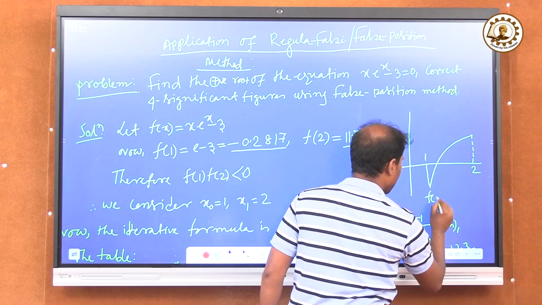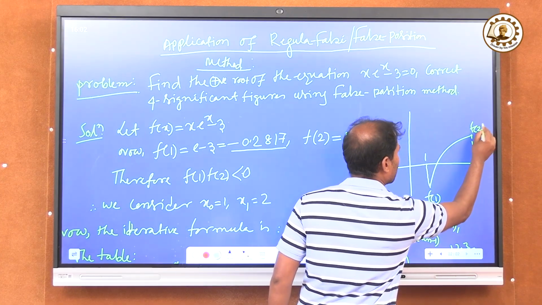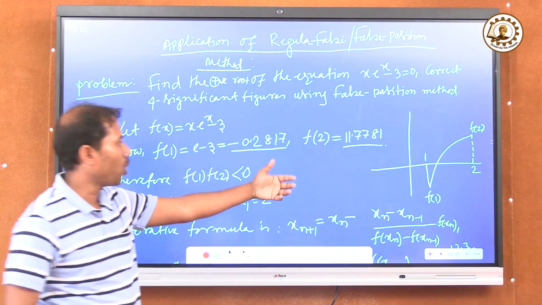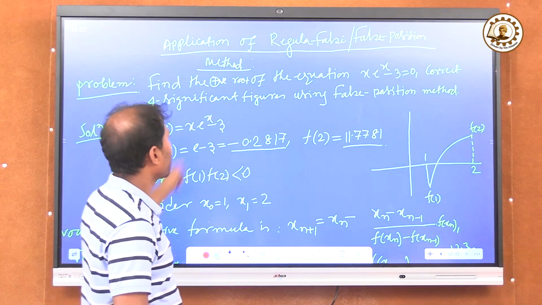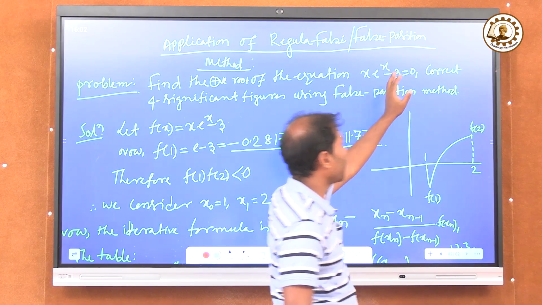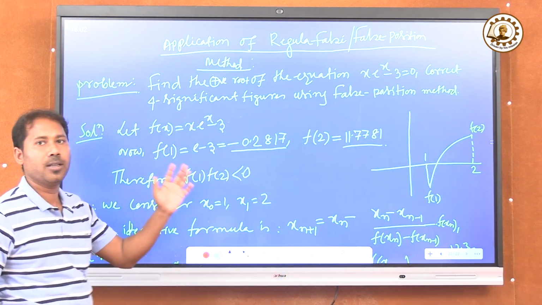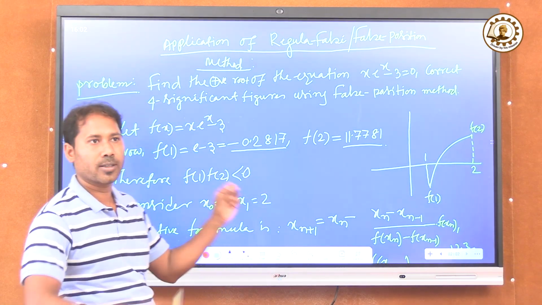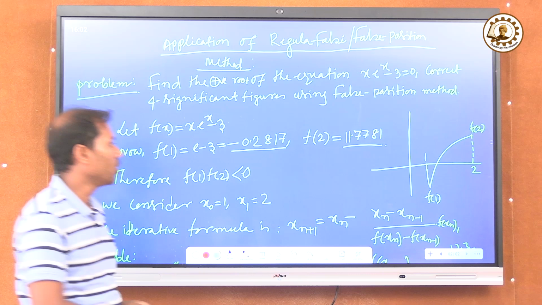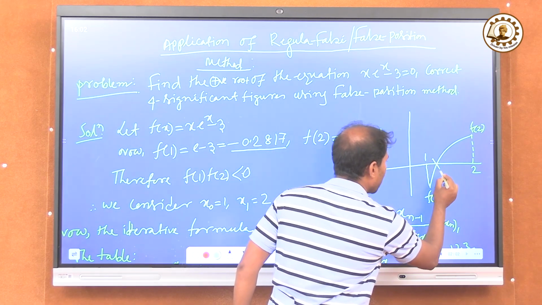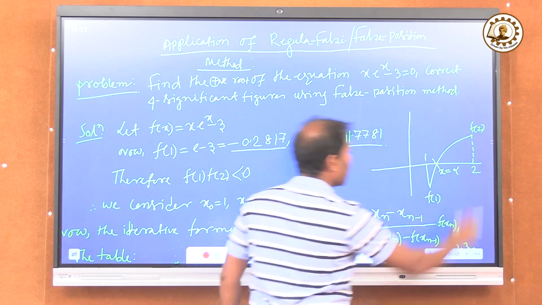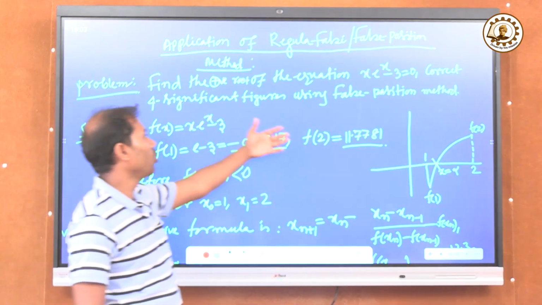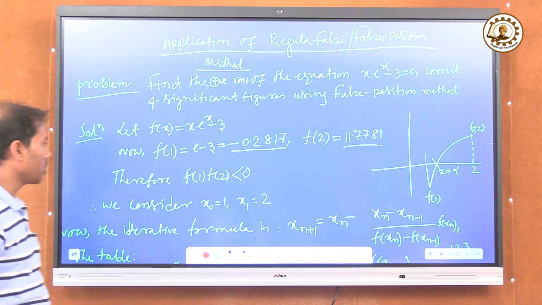This is f(1), this is f(2). So f(1) is negative, f(2) is positive, and the given function is a continuous function. That means obviously the given function cuts the x-axis at some point. That point is actually the root. So this is the root, x = alpha.